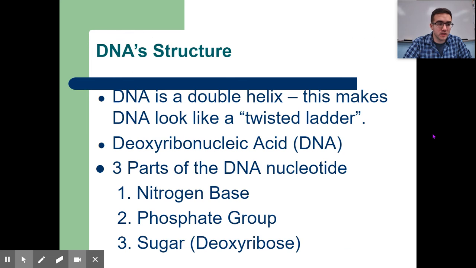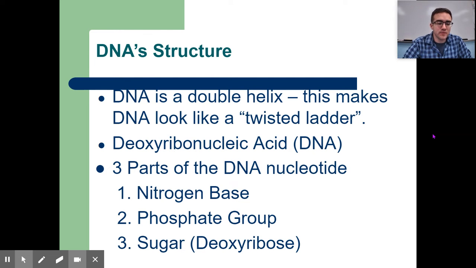So the structure itself is a double helix, and it looks like a twisted ladder. The full name of DNA is deoxyribonucleic acid. We know that DNA is a nucleic acid, so that's where the "nucleic acid" part of the name comes from.